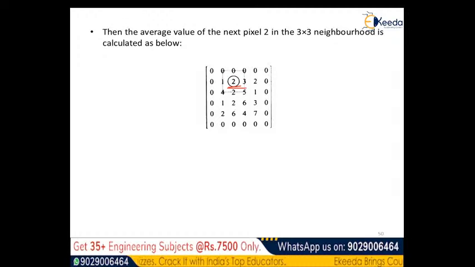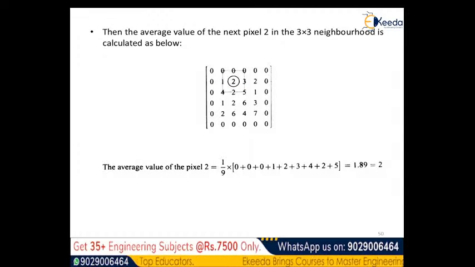When we determine the average of all the pixels in the neighborhood, the computation will be 0 added with 0, then again 0, 1, 2, 3, 4 added with 2 and 5, and this summation is to be divided by 9. So 3 by 3 is 9, and the obtained value will be 1.89. We have to round this value to the nearest whole number, and 1.89 can be rounded to 2.